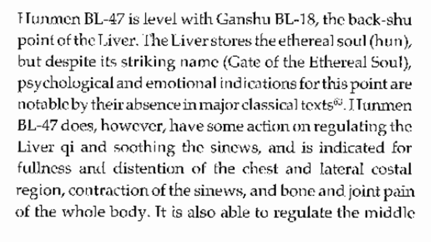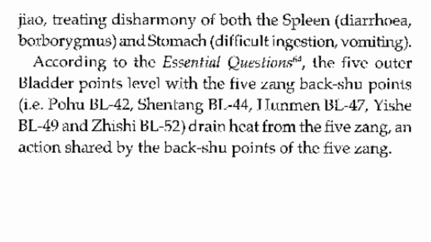fullness and distension of the chest, lateral costal region, contraction of the sinews and bone, and joint pain of the whole body. It is also able to regulate the middle jiao, treating disharmony of both the spleen, with diarrhea, borborygmus, and the stomach, with difficult ingestion and vomiting.